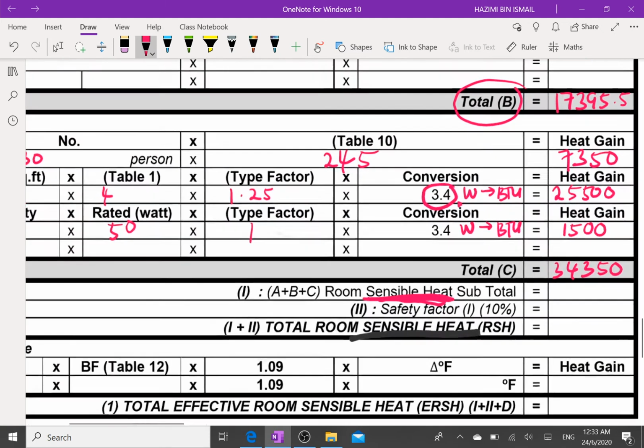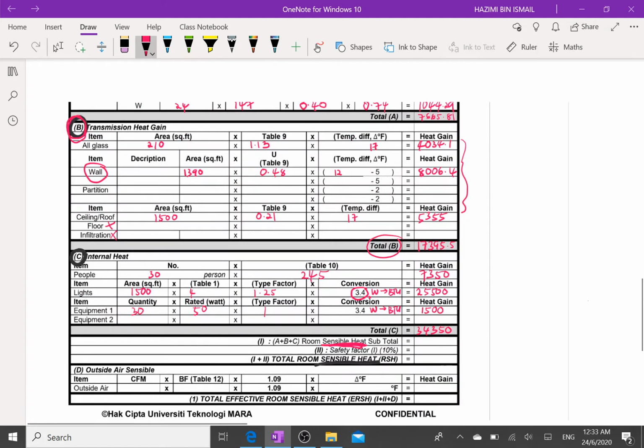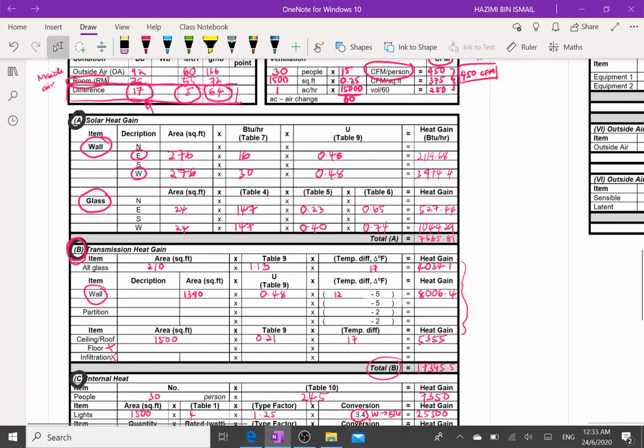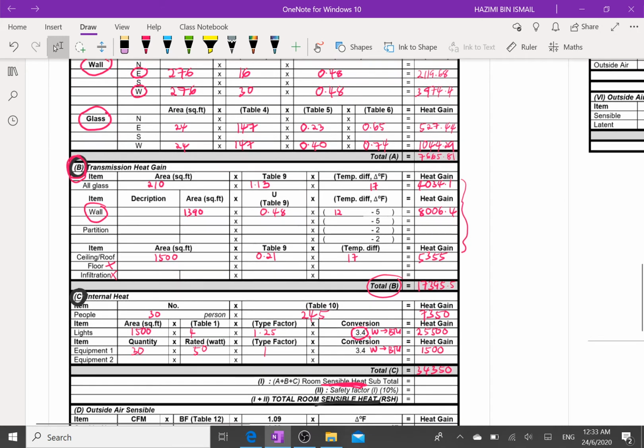Okay, so we have done A, solar heat gain, B, transmission heat gain, and C, internal heat. All these sections contribute to the total room sensible heat.